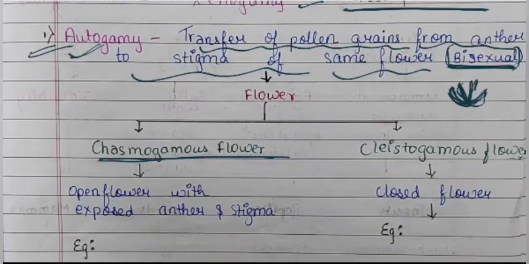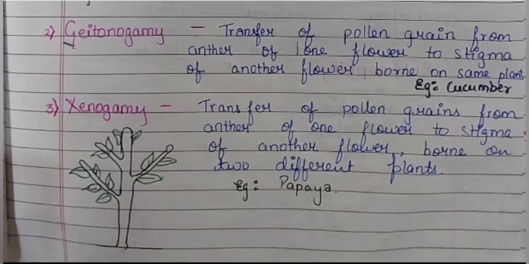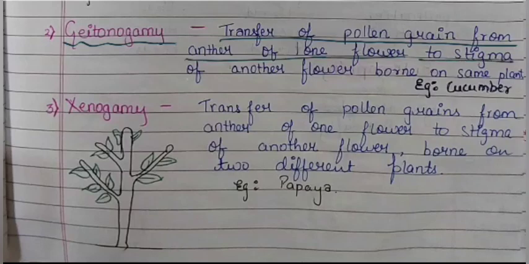Now, if we talk about flowers, there are two types: chasmogamous and cleistogamous flowers. Chasmogamous are open flowers with exposed anther and stigma, whereas cleistogamous are closed flowers. Coming to geitonogamy, transfer of pollen grain from the anther of one flower to the stigma of another flower of the same plant is known as geitonogamy.